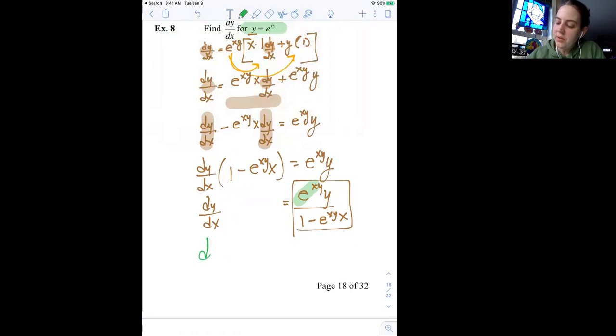So you can also say dy/dx is equal to y squared, y times y, over 1 minus xy, because this e to the xy is also equivalent to y. So two different ways to write the same answer.